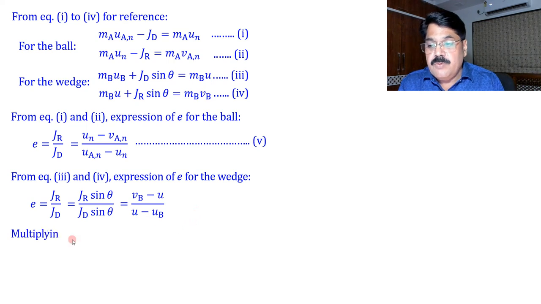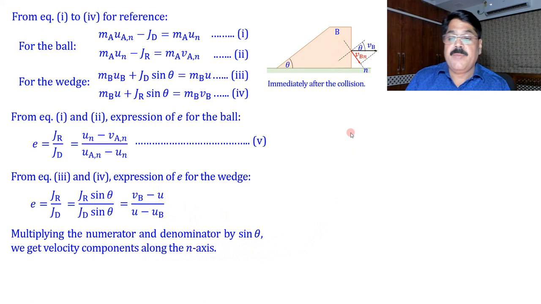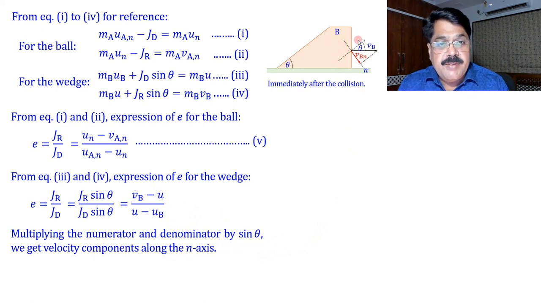Multiplying the numerator and denominator by sin theta again, we get velocity components along the n-axis. How? See this diagram. Actually, here this angle is theta. So if we multiply VB with sin theta, what we get? Just see.